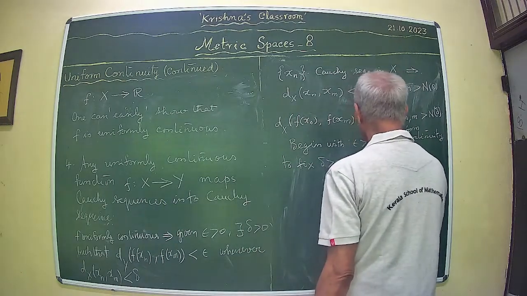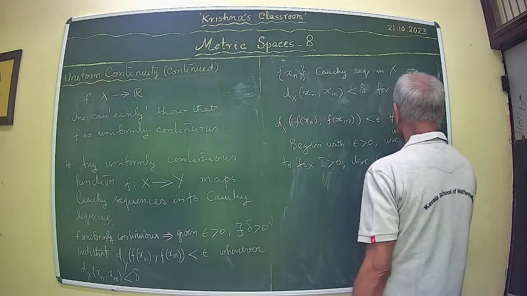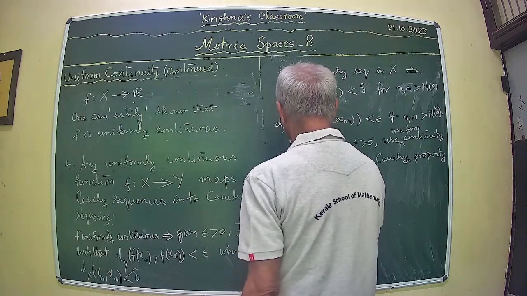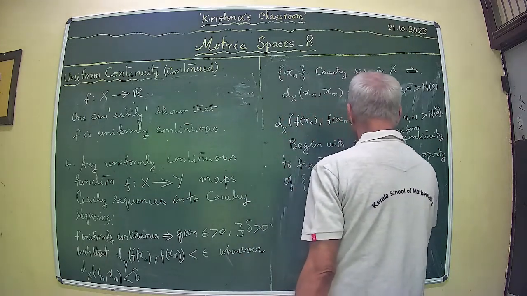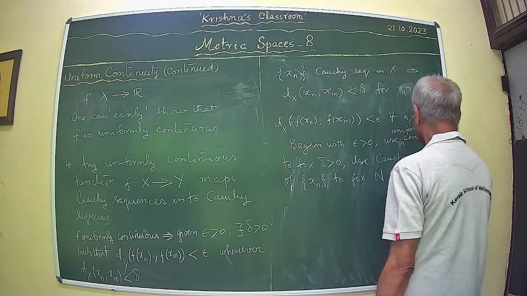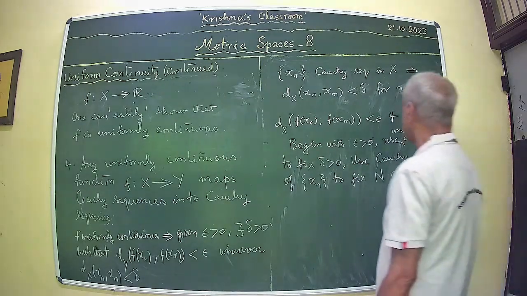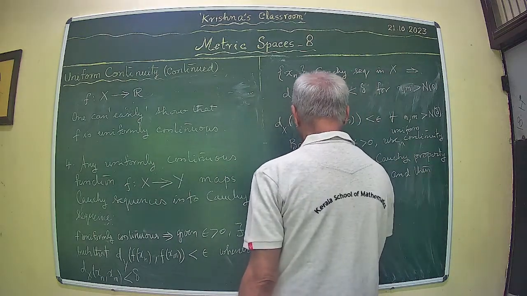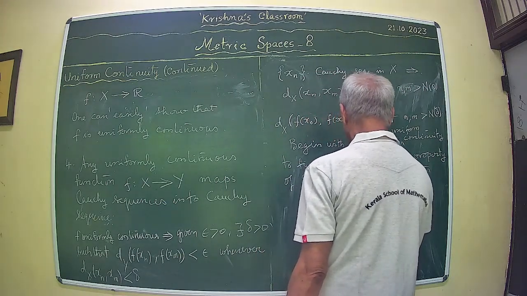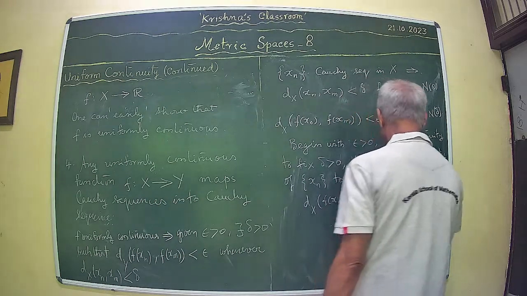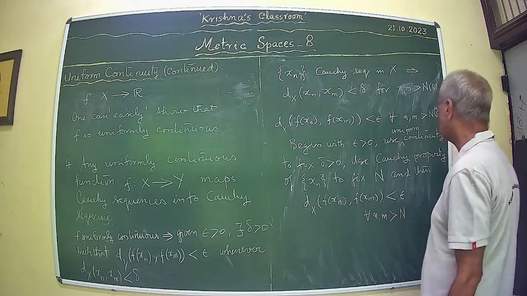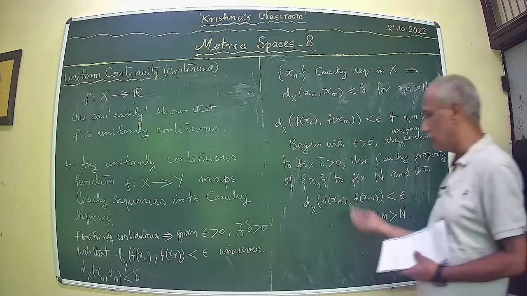Use Cauchy property of xn to fix n, and then. So that shows that this is a Cauchy sequence.